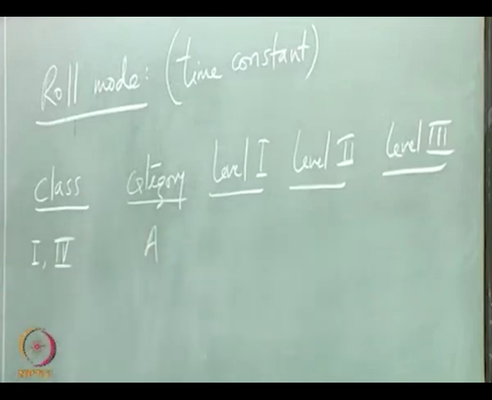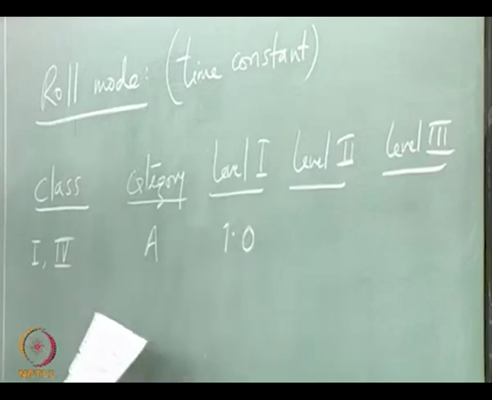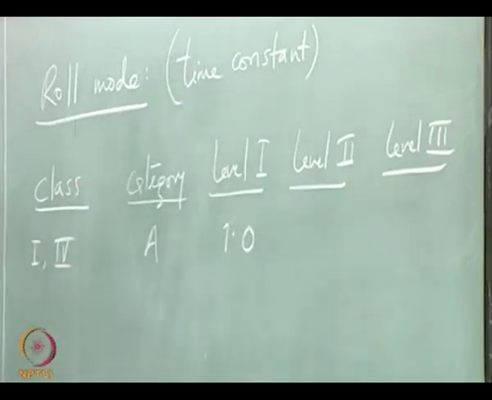Class 1, 4. So, 1 is small aircraft, small general aviation aircraft. 4 is fighter, right, with high maneuverability, and this category A is for small maneuvers, not very high requirement on the maneuverability, and this time constant is what I am writing here.